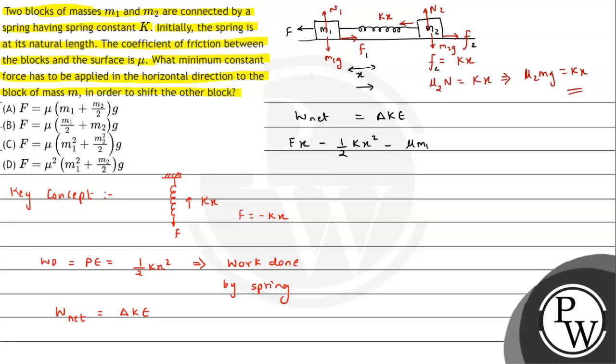and that will be equals to kinetic energy final, and that too has to be zero, क्योंकि minimum का case है and just it is about to start, so we can say for minimum condition final velocity has to be zero, right?